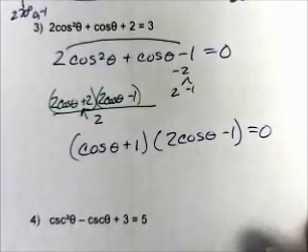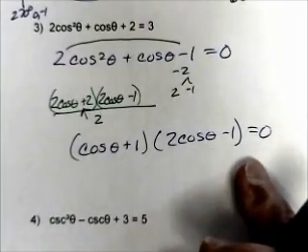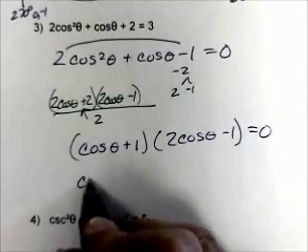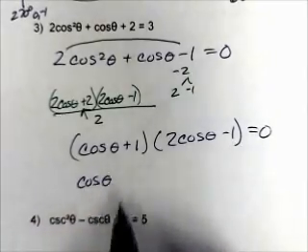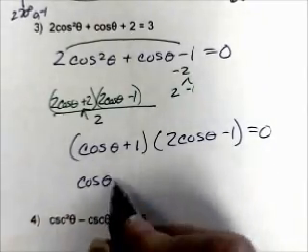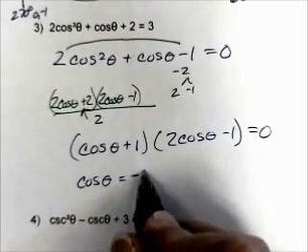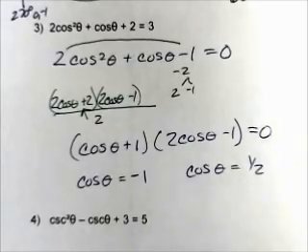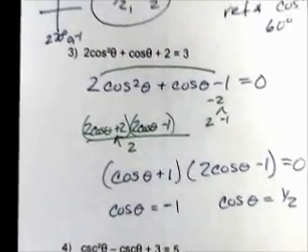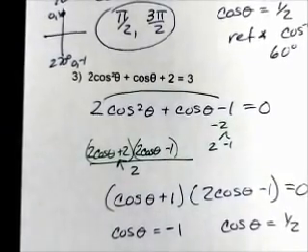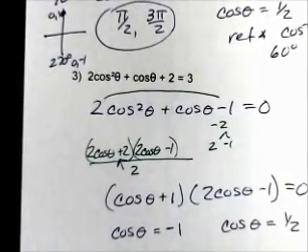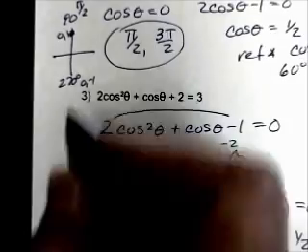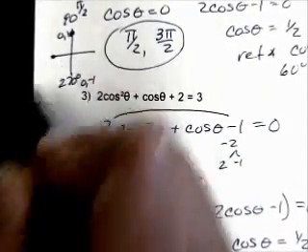All right, you set each equal to 0 and solve for cosine theta. I'm skipping the setting equal to 0, going right to cosine theta equals -1, and cosine theta equals +1/2. Cosine theta equals -1. Well, I'll go back up to number 2 there, and cosine of theta equals -1.